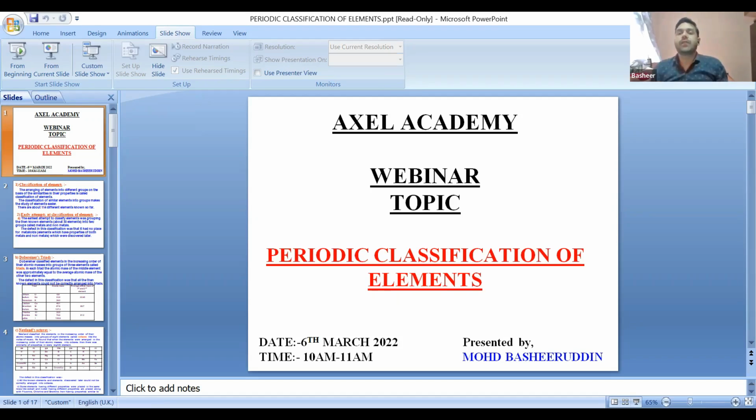This classification of the elements is arranging the elements in the periodic table. Why? Because if we know it, it's very easy to distinguish the items from one another. I'll take one example. It is easy to distinguish the items from one another by sorting them or arranging them on some basis.